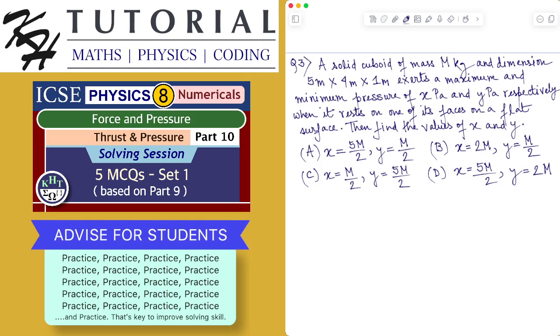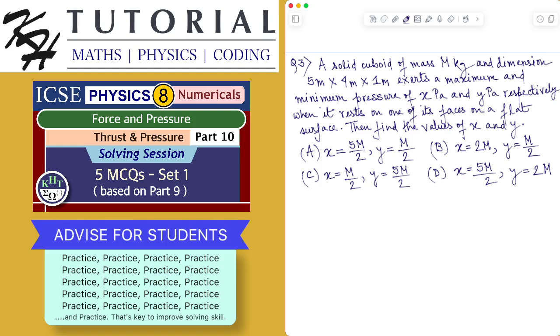So from the dimension of a cuboid and its weight, we can easily find the maximum pressure. The maximum pressure will be when the cuboid is resting on the side which is having the minimum area.